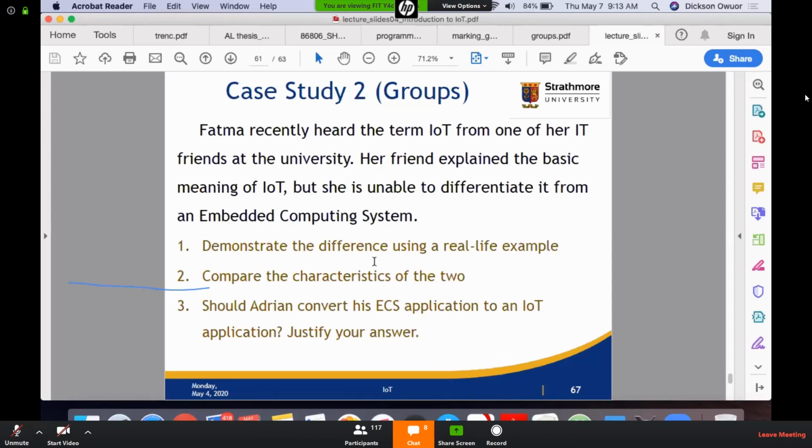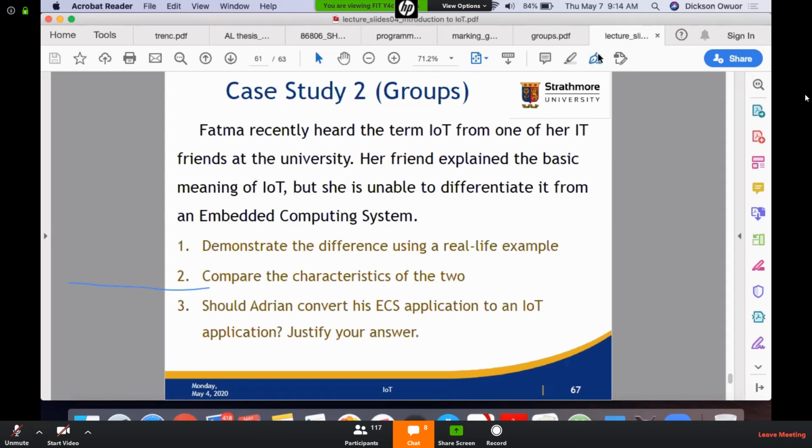I think group ICSA just looked at one scenario. Group three looked at both scenarios, which I think was a good way of answering that question. Yes. So any questions so far?